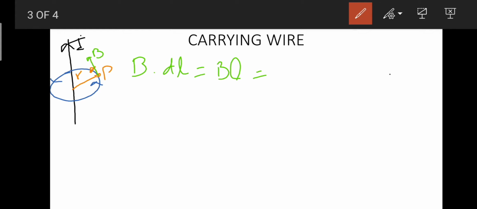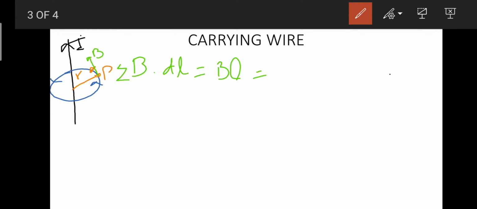If I add all those length elements, B is constant, so B comes out, and all of the dL, like dL1, dL2, dL3 up to dLN, if I sum all of those, what I get is the total length L, right? So that's how BL arises.